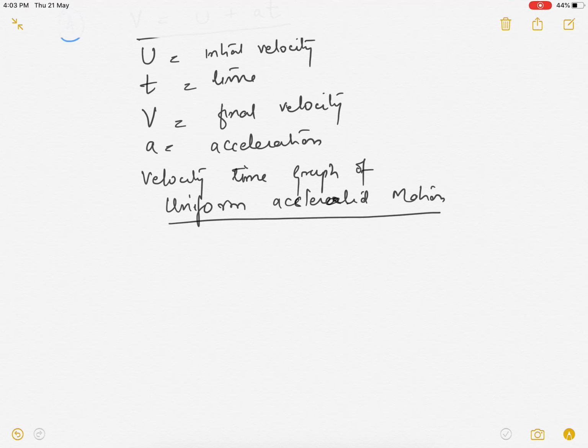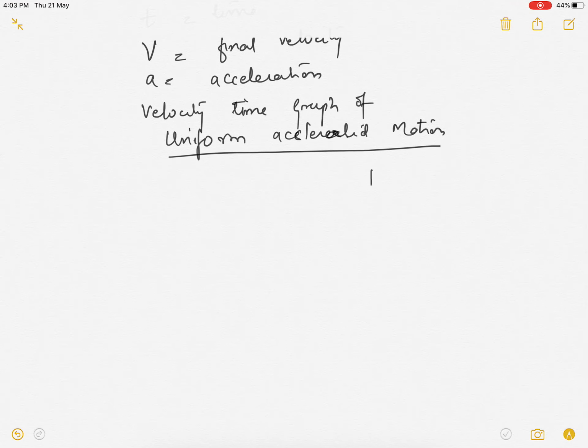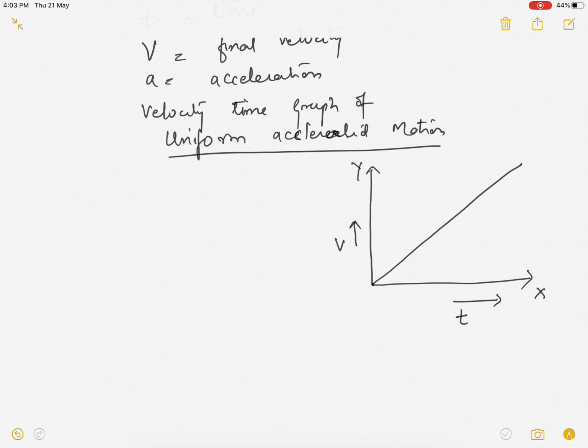All of you know how that graph comes out. Basically, it is drawn between velocity and time, taking time along the x-axis and velocity along the y-axis. The graph comes out to be a line inclined to the x-axis or the time axis. I have made this clear in my earlier video. So this is the graph of uniformly accelerated motion, a graph of velocity and time.